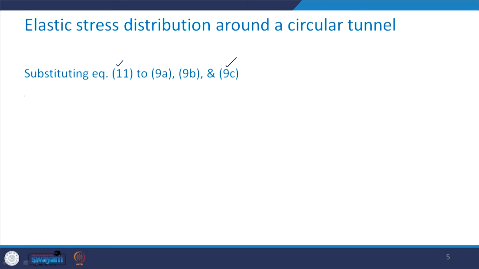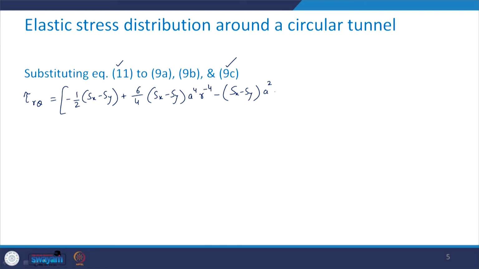So, what we are going to get is tau r theta equal to minus half Sx minus Sy plus 6 upon 4 Sx minus Sy a to the power 4 r to the power minus 4 minus Sx minus Sy a square r to the power minus 2, sin of 2 theta.